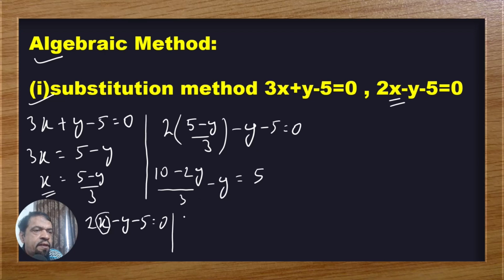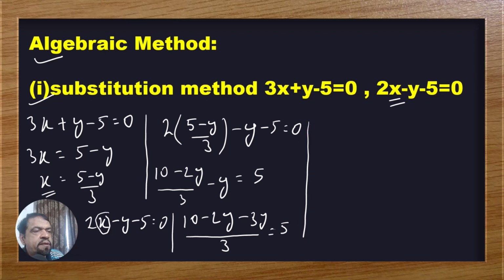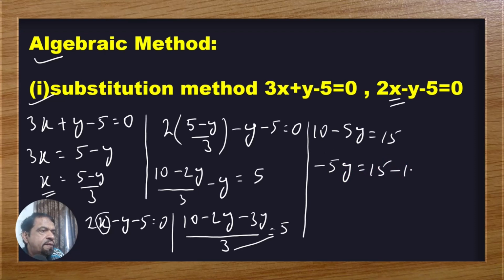Now taking the LCM here, 10 minus 2y minus 3y upon 3 is equal to 5. We cross multiply here, 3 into y, so LCM. Now this will be 10 minus 5y and cross multiply 3 into 5, 3 fives are 15, minus 5y is equal to 15 minus 10. So y is equal to minus 1.